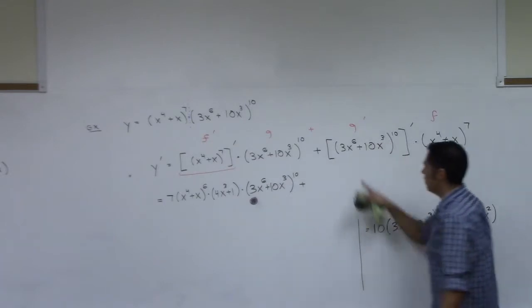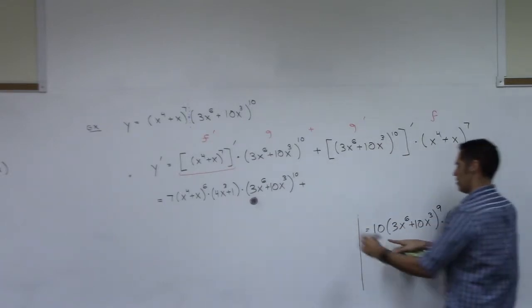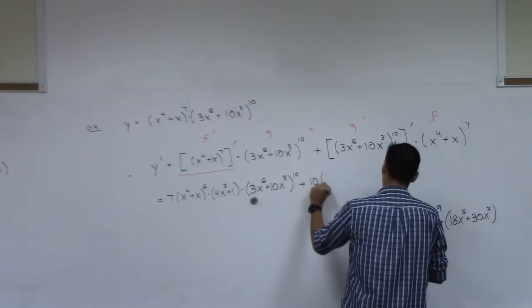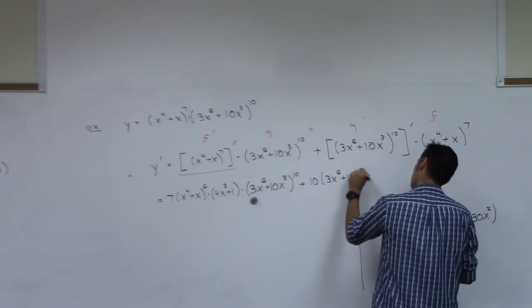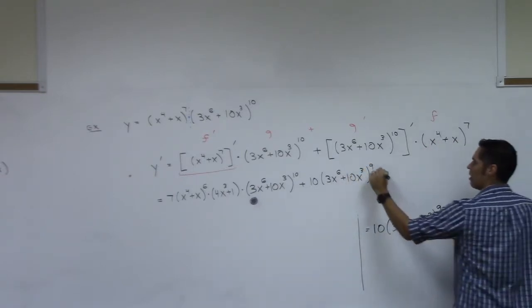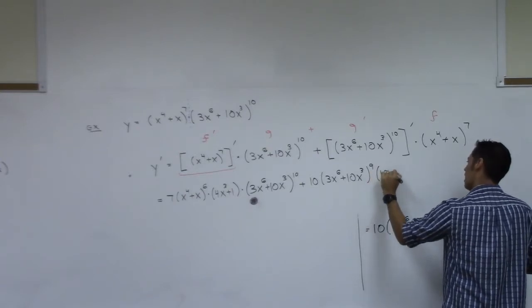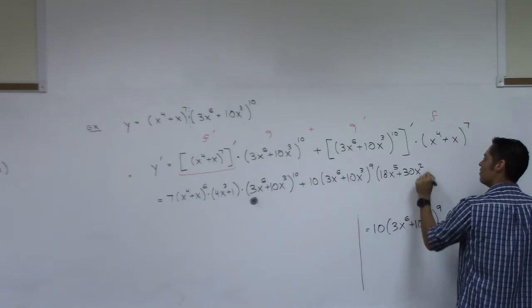Plus, now the derivative of this, which I just had right here. So plus 10 times 3x to the 6th plus 10x cubed to the 9th times this chunk right here, which is 18x to the 5th plus 30x squared. Wonderful.